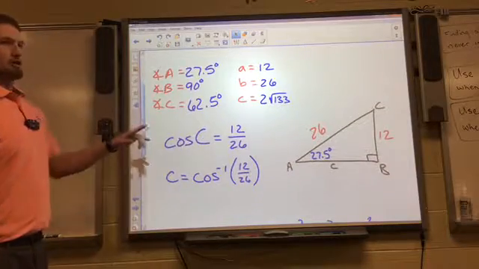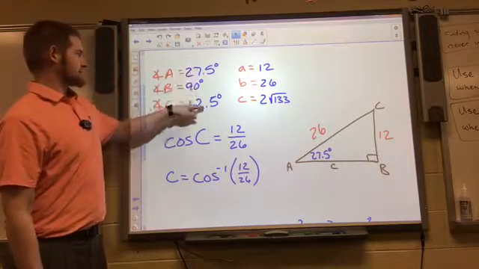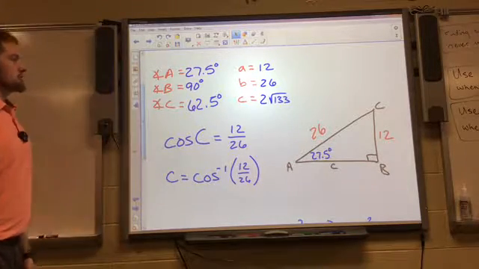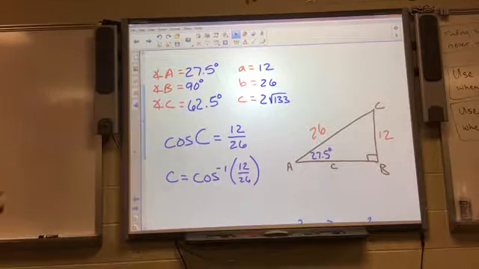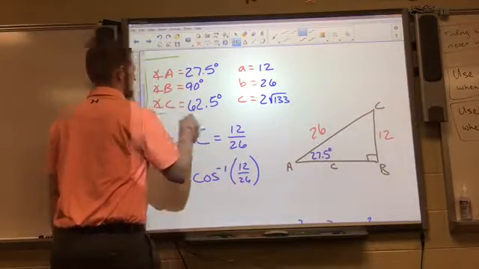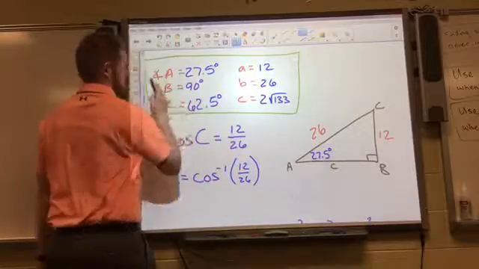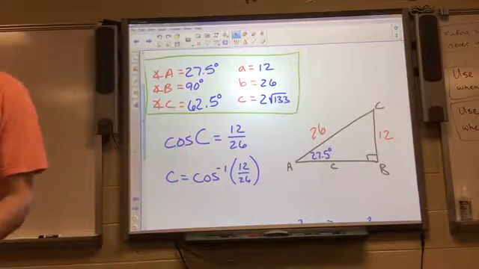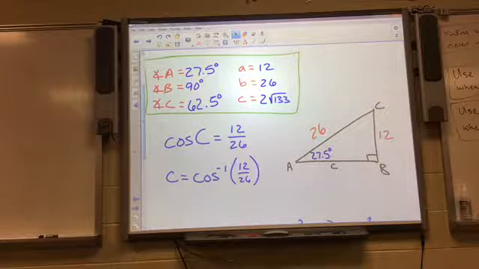Make sure, do those two things add to exactly 90? Yes, they do. So just double check it. Notice I have how many answers? 6. You should have 6 answers every single time that it asks you to solve the right triangle.